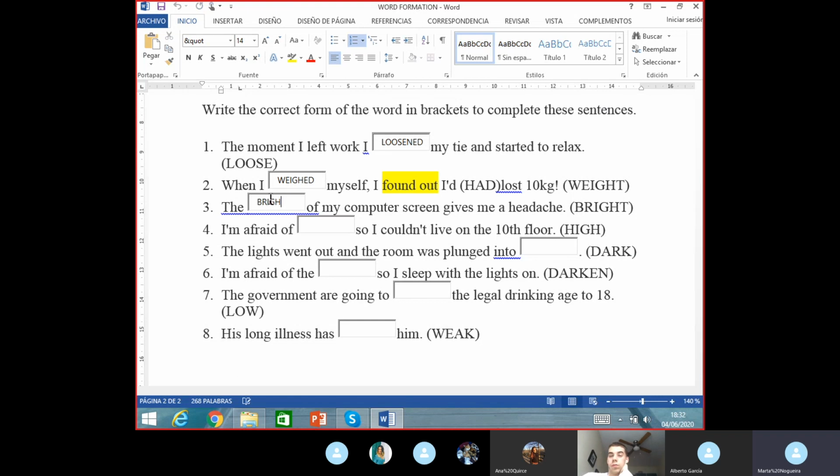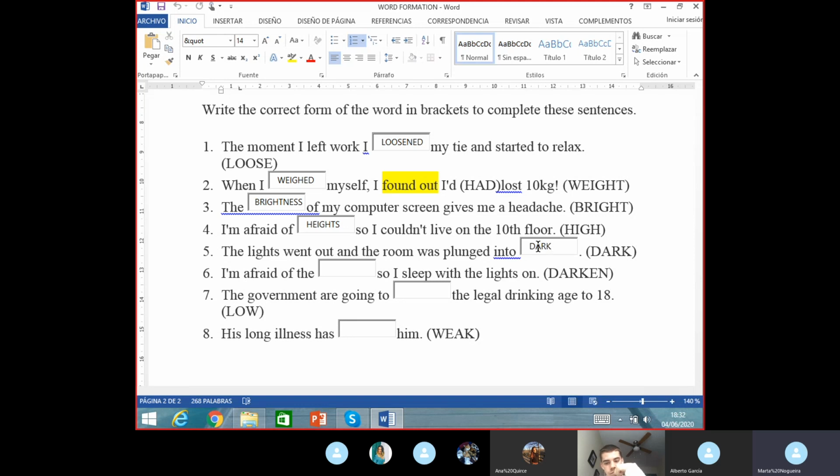3, the brightness of my computer screen gives me a headache. 4, I'm afraid of heights, because you need the plural, okay? In this case. I'm afraid of heights, so I couldn't live on the 10th floor. 5, the lights went out and the room was plunged into dark or darkness, okay?